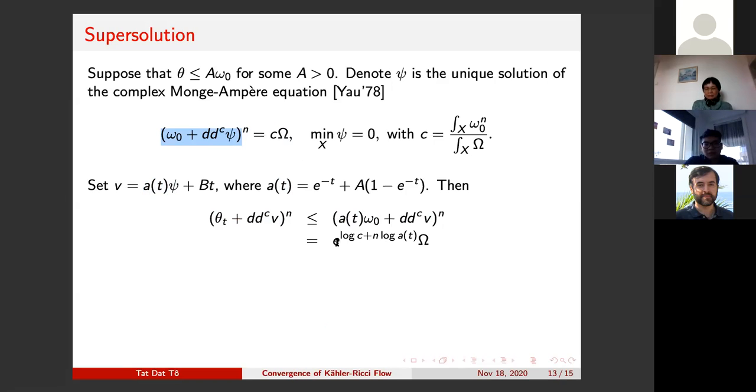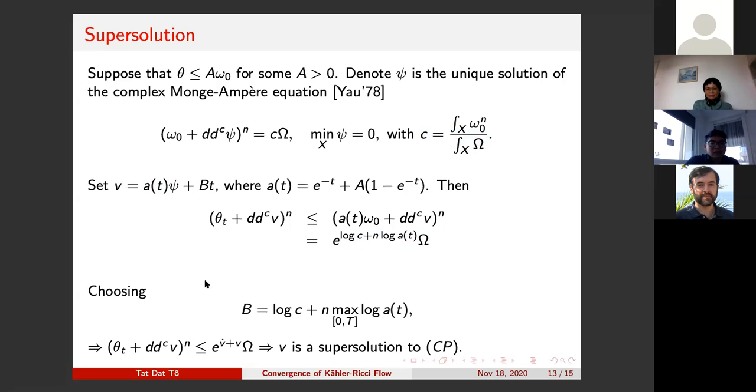So this should be equal to this term. Okay, so small c is a quotient of two masses, and a_t is this function depending on t. And now basically you can choose b equal to log c plus n max log a_t.